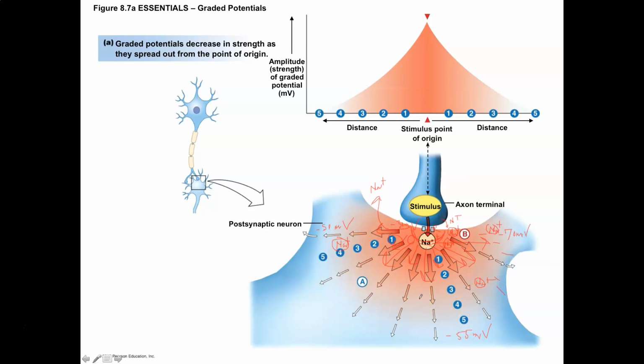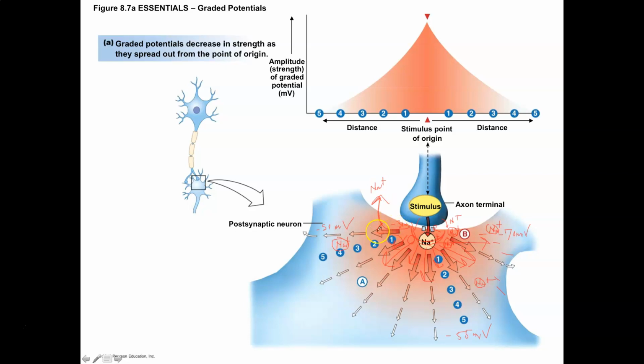So graded potentials get weaker with distance. The more channels you open, the stronger the change is going to be, and so the graded potential can start out stronger, but it will still get weaker with distance. So again, why do they get weaker with distance? Well, you're going to lose ions to the outside. They're going to leak out of the intracellular fluid back out into the extracellular fluid.